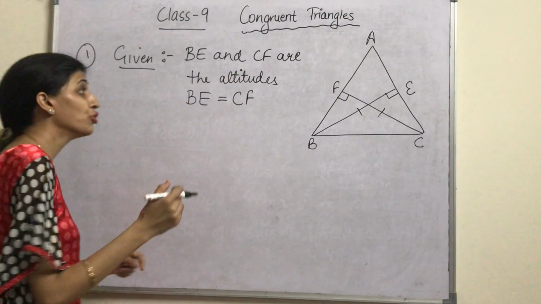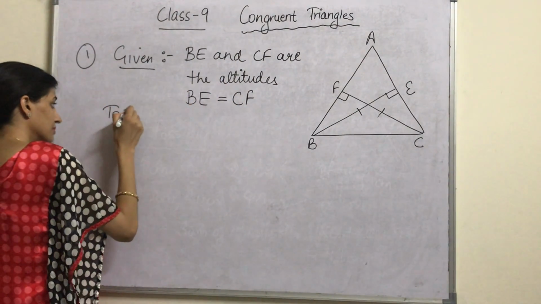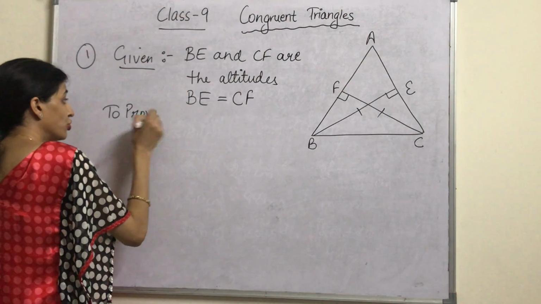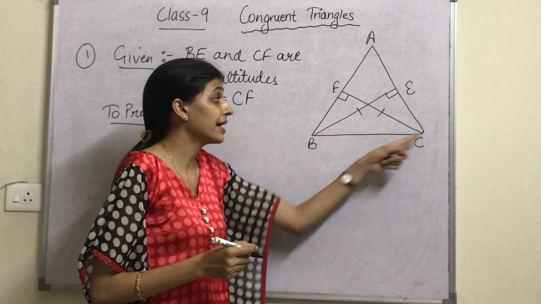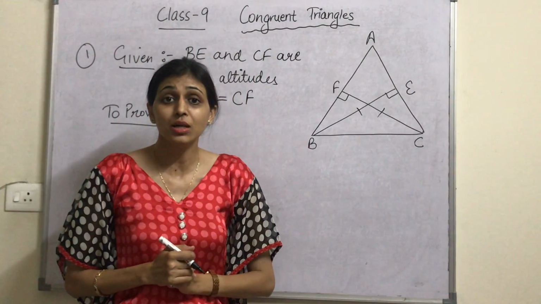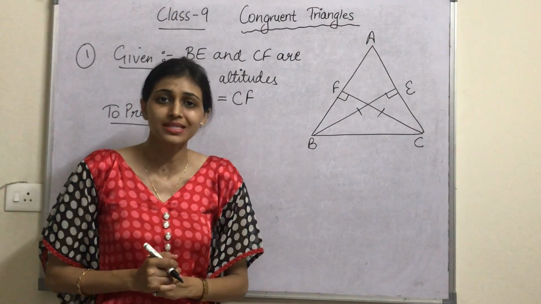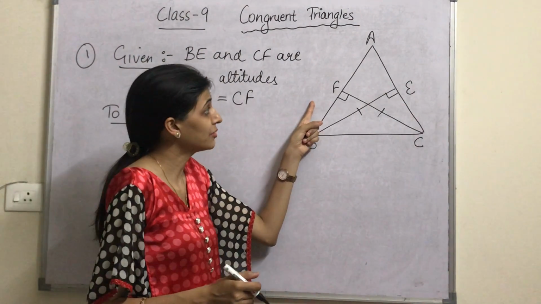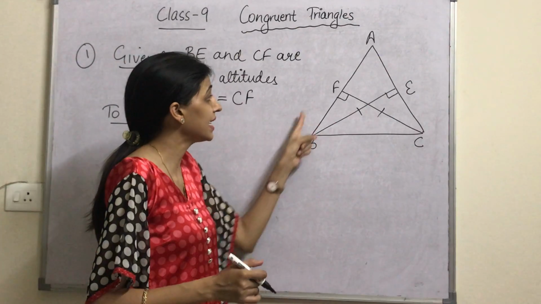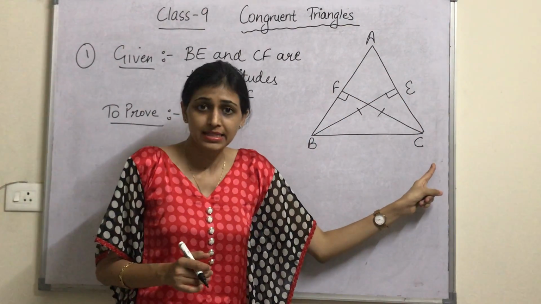And what we have to prove? We have to prove that this is an isosceles triangle with the help of the RHS property. What do you mean by an isosceles triangle? That means we have to prove AB is equal to AC.